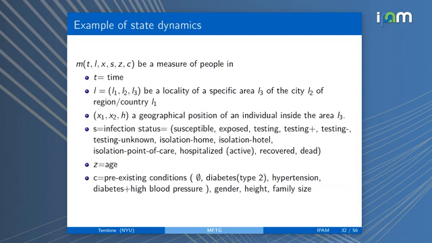It's discrete. Age is a continuous variable from 0 to 124 years old. And C is for existing health conditions. So we put empty meaning mild condition, and then diabetes and so on.